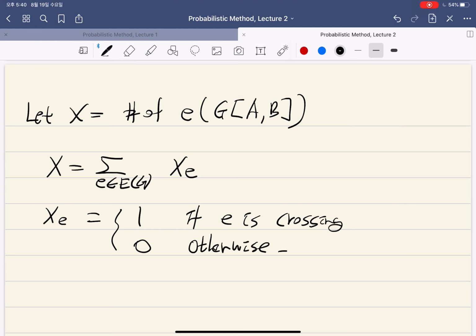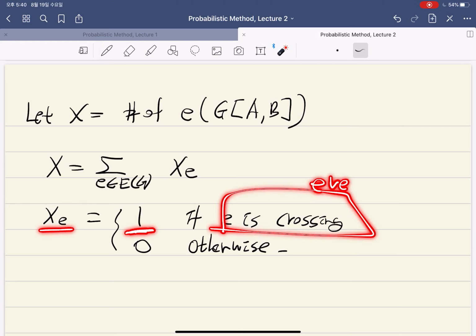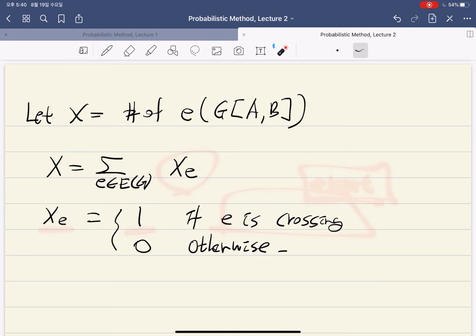So we say a random variable is an indicator random variable if it always takes value 0 or 1, and the event where it is 1 is some event. This is the indicator random variable of this event. That's how we call it.